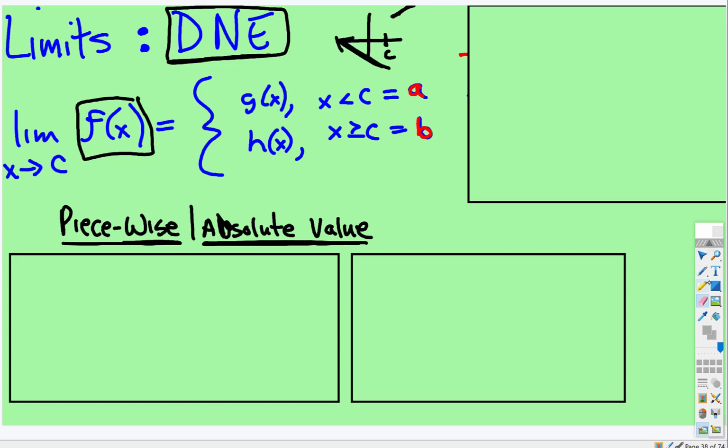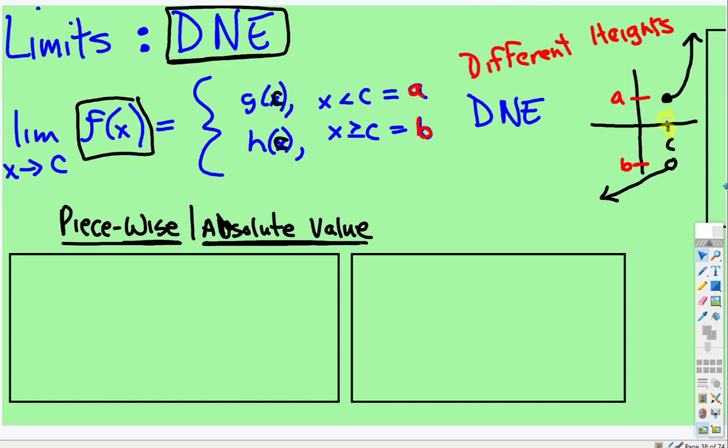Okay, so when you have a piecewise function and you substitute the c, so g of c and h of c, if those two values disagree, if those heights are different, so one part of the graph looks like this and one part looks like this, and you see there's a big gap, the left and the right don't agree with each other, that's what's happening right there.